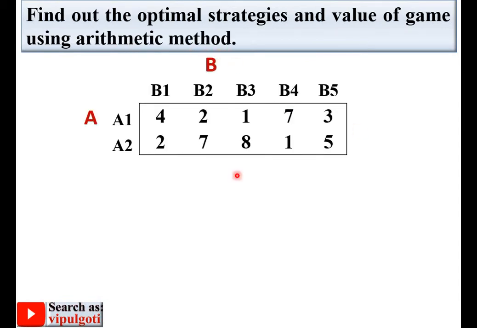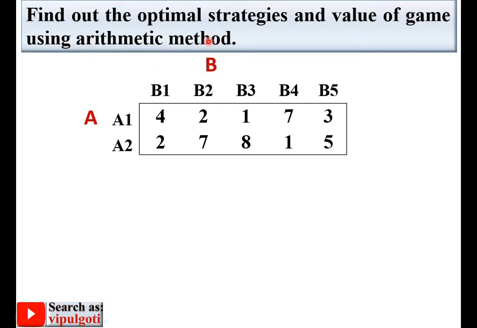So let's take the description of the problem. Find out the optimal strategies and value of gain using the arithmetic method, and this payoff matrix is given to you. Now observe carefully. Our objective is to find the optimal strategies and value of gain.